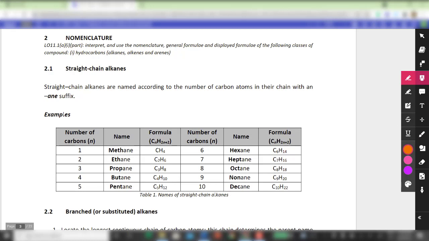So that's one carbon, meth, then eth will be 2 carbon, prop 3, and then but will be 4. Anything beyond that, you can infer from the prefix. So pent will be 5, hex 6, hept 7, oct 8, non 9, and dec 10.